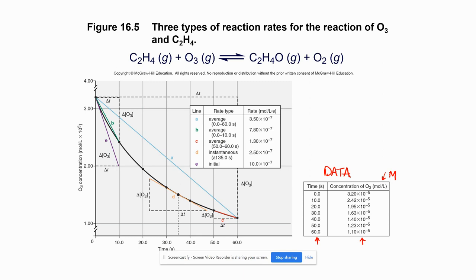So let's take a look. Over time, the concentration of O3, ozone, begins to go down, right? It's going to decrease. And that's expected because, as we see up here, our ozone is a reactant.